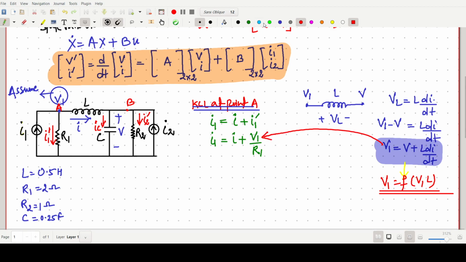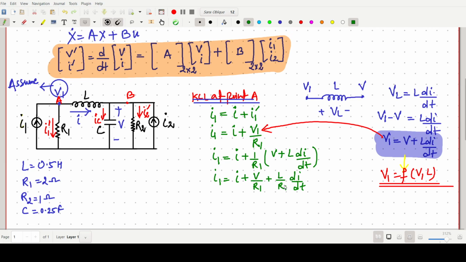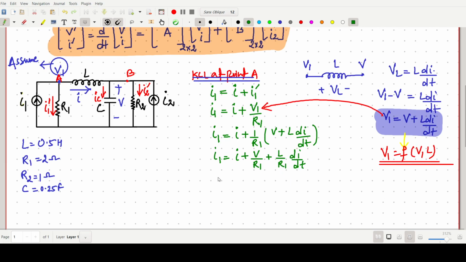So we have to put this V here. Now what do we have to do? Again, we can write one equation: I1 equals I plus V1 by R1. Then instead of V1, we have to write V plus L di/dt. So I1 equals I plus V by R1 plus L by R1 di/dt. In the state equation, what do we have to write in terms of di/dt?